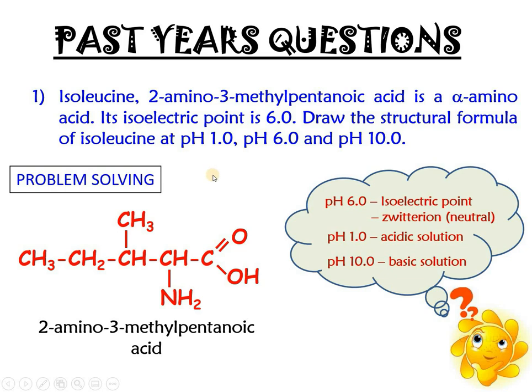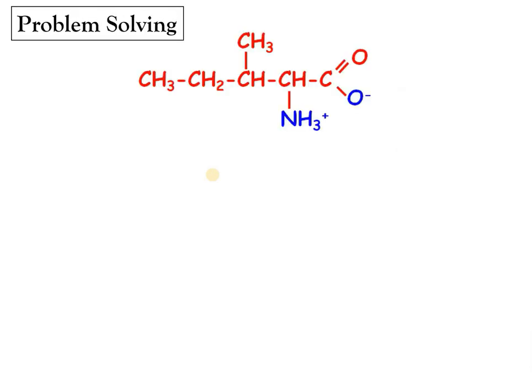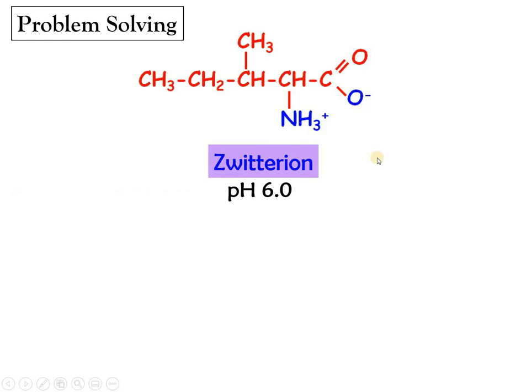So now let's draw the correct structure at the pH given. This is the formation of the zwitterion of isoleucine at pH 6.0. You add one hydrogen to the amino group, and then you lose one proton from the carboxylic group.